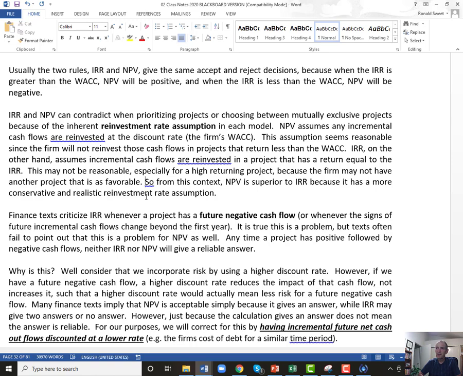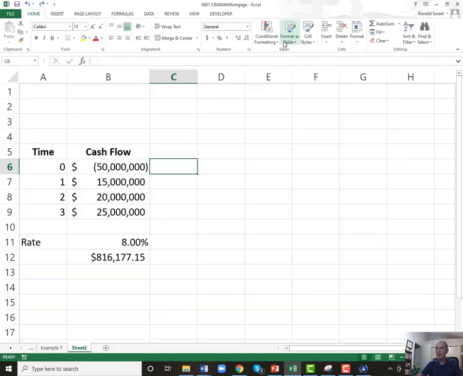Now this reinvestment assumption is somewhat interesting to me. I remember I got a project, and I'll show you an example of this. What they wanted to assume is we're going to make some investment income here, because we have $15 million coming in.